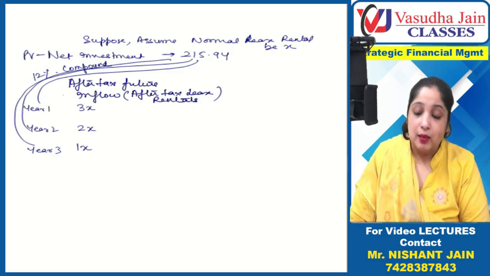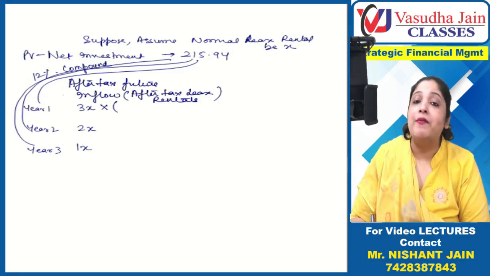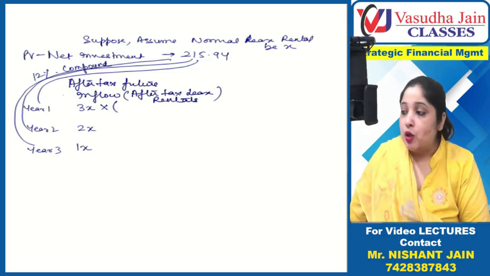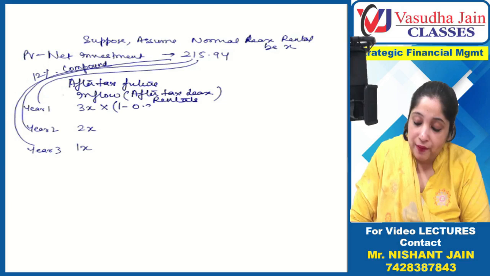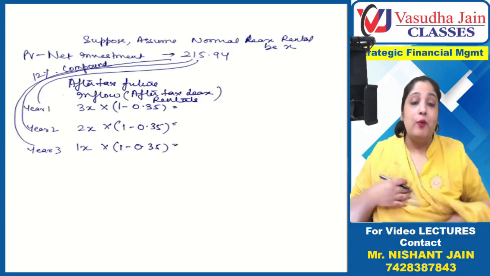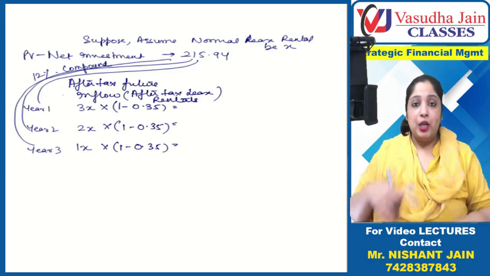So basically this is my income, but after tax 3x is my inflow, because I will pay 35% tax. So basically I will be left with only 65%. So 1 minus 0.35. This is the presentation basically. I could have multiplied with 0.65 directly also. So basically this is my net cash inflow.